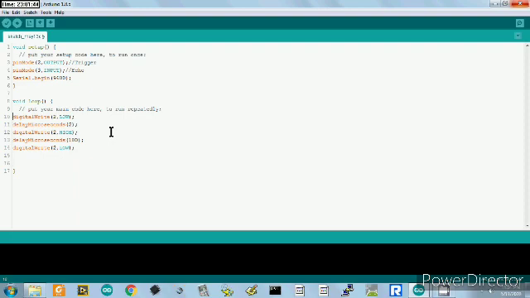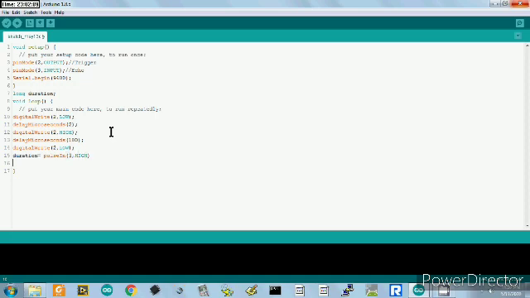Okay, so we have to define a variable duration. This duration we will be taking to get the pulse width. So I am defining duration equal to pulseIn. This is a built-in function available to measure the pulse width.